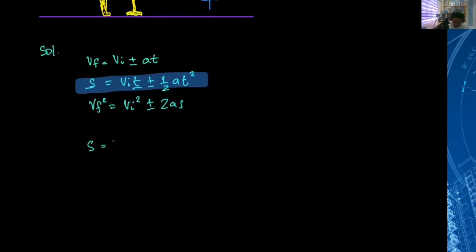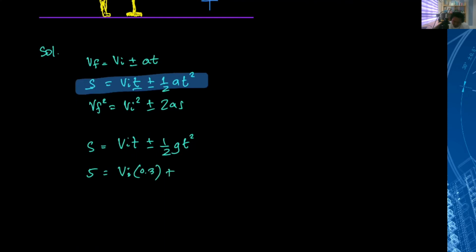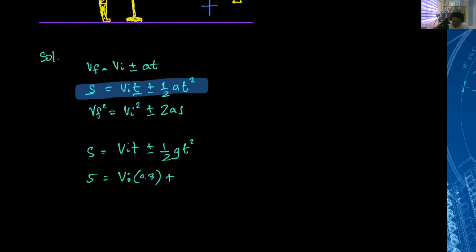So S equals Vit plus or minus 1/2 G t squared. I will replace A with G because our acceleration is 9.81 meters per second squared, the gravitational pull. Given 5, we don't have the initial velocity, Vi. Time is 0.3. Let's use positive because gravity will increase as the stone goes down.